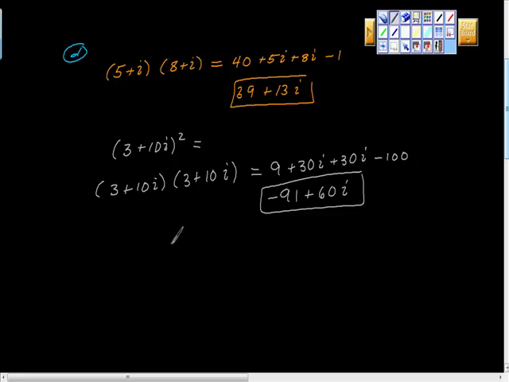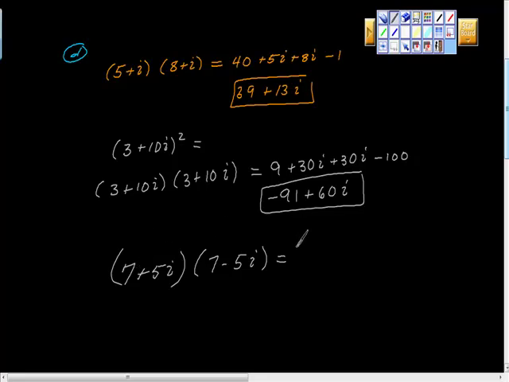What would this one look like? If we did 7 plus 5i times 7 minus 5i. Anybody remember what this is called? We're looking at it kind of backwards. Difference of squares. In a second, we're going to see something will actually go away. Let's see how this works.